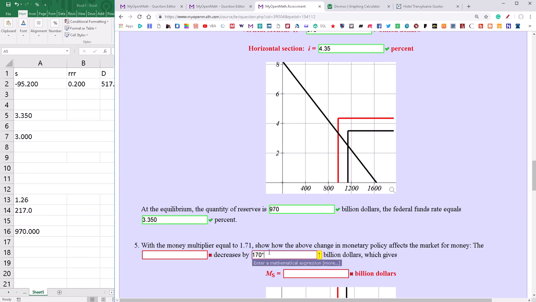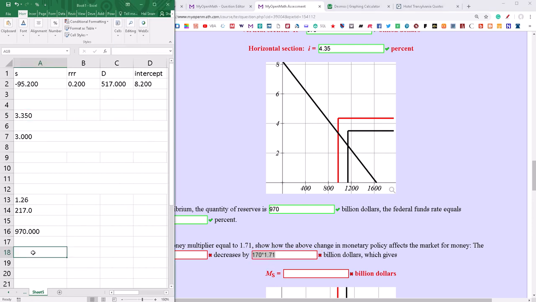Okay. So we're going to multiply the decrease in reserves by the multiplier. And we get 290.7.